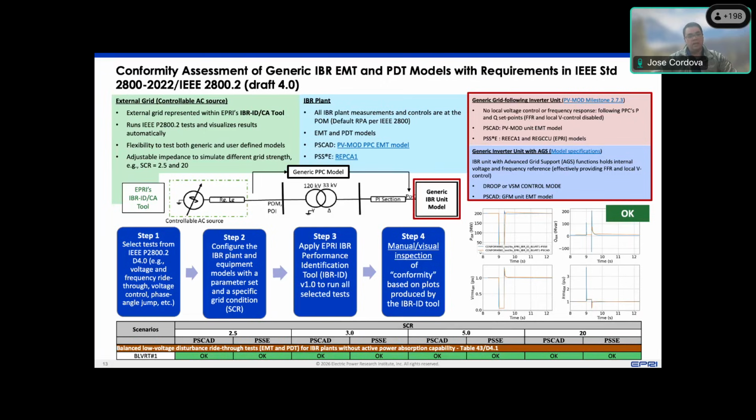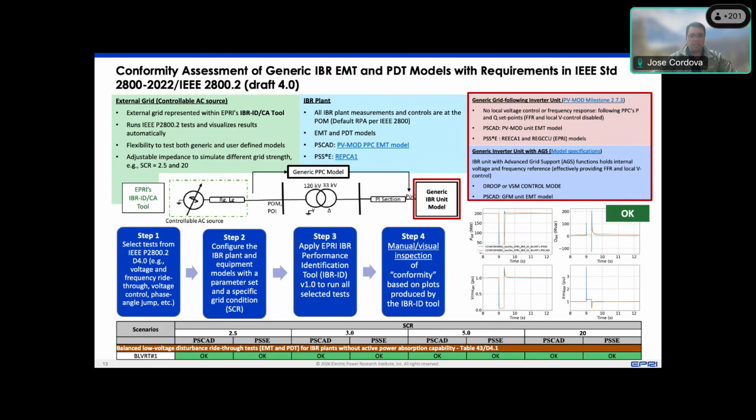It can actually vary these grid conditions performed for the conformity assessment. And then as a step 4, and this is what we are going to show now, which is the manual or visual inspection of conformity of the IBR plant.